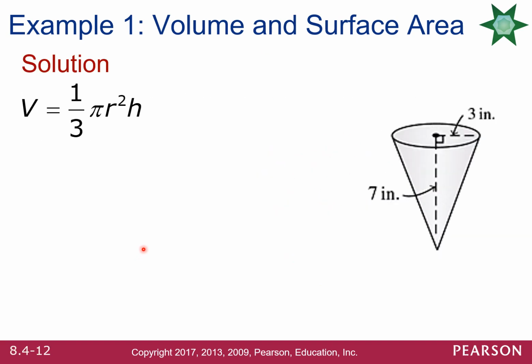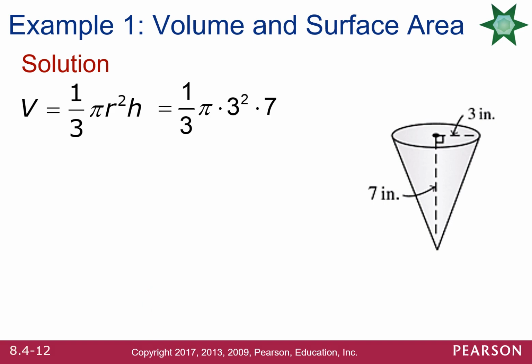So first we'll find the volume of the cone. Again, the formula is 1/3 pi r squared h. We'll plug in the appropriate values of the variables. R is going to be 3, so 3 squared, and the height h will be 7, multiplied by pi, and then we take 1/3 of it.